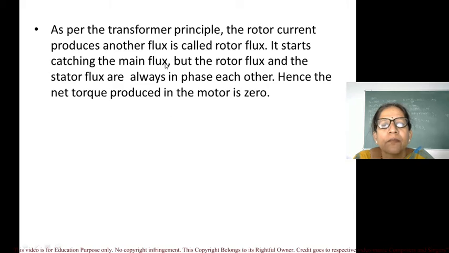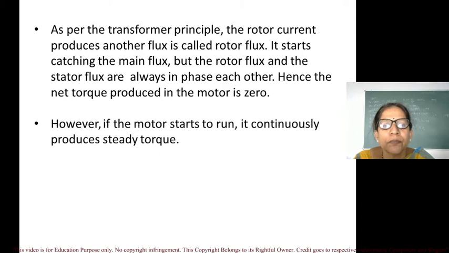But the rotor flux and the stator flux are always in phase with each other, and therefore they are not able to produce a net torque. That's why we say that since the stator flux and rotor flux are in phase with each other, the net torque produced by the motor is 0.